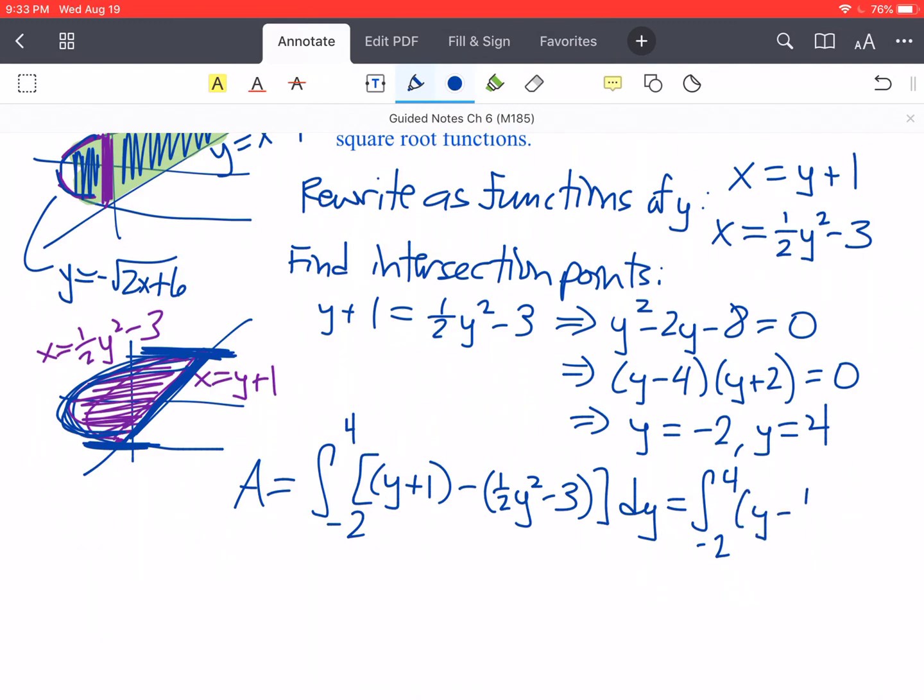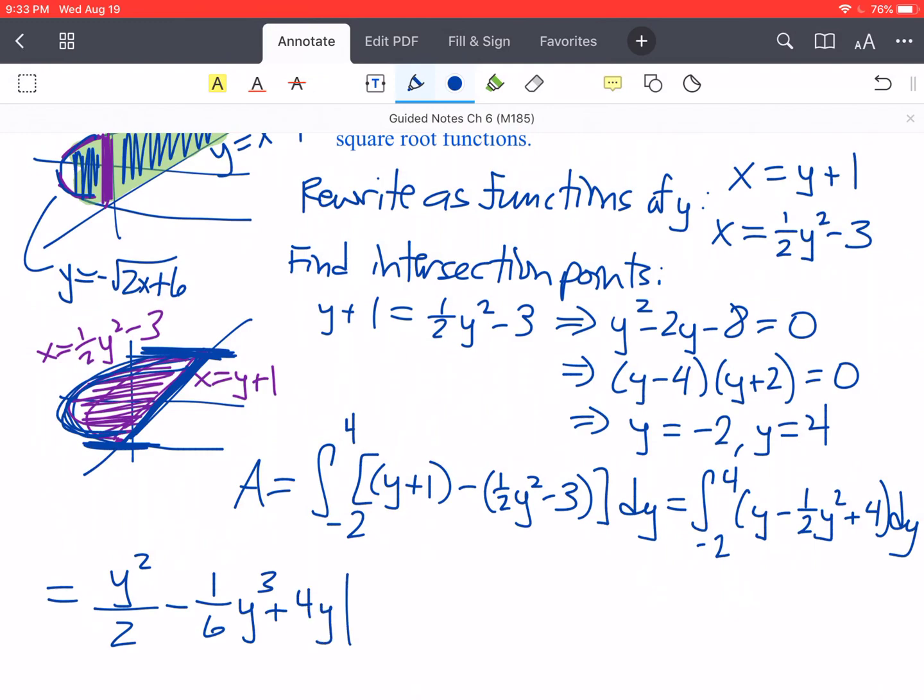We get y minus 1/2 y squared plus 4, dy. Take an antiderivative, the same way that we would if it were functions of x: 1/2 y squared minus 1/6 y cubed plus 4y from -2 to 4.